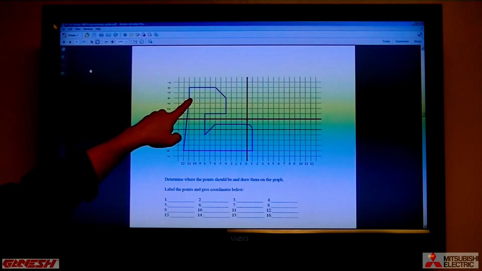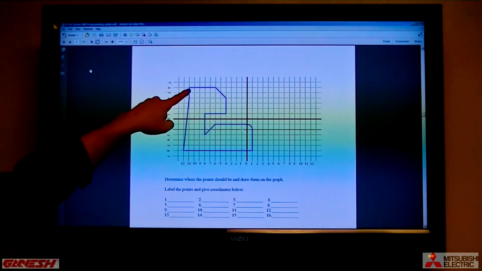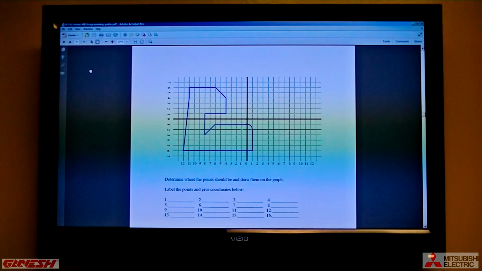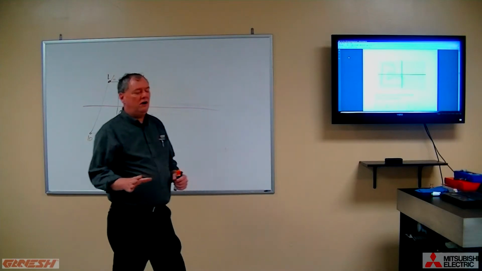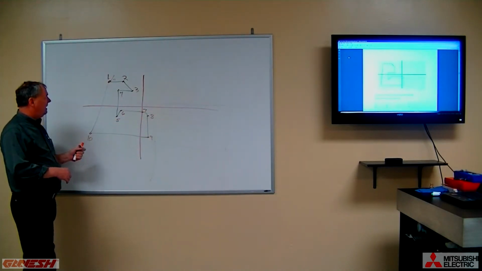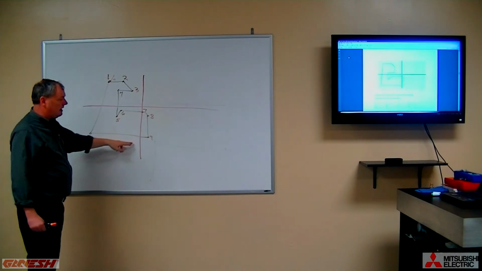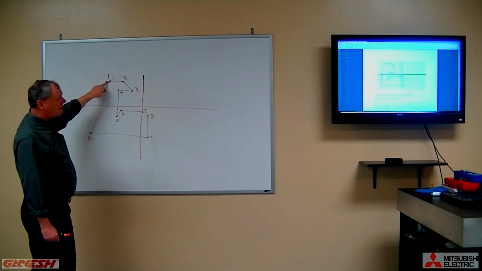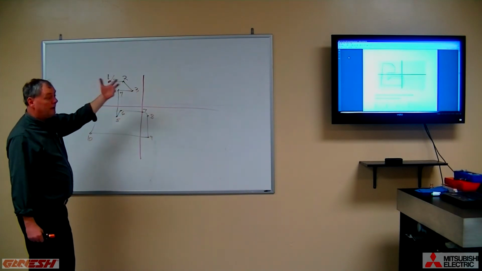And it comes up to a point right here, which is at x minus 11, y 4, and then back up to x minus 11, y 6. Now, as I mentioned before, the order that we express these points is going to be the order that we're going to machine this. In other words, our cutter will follow this path when it is executing the program that you'll type in.